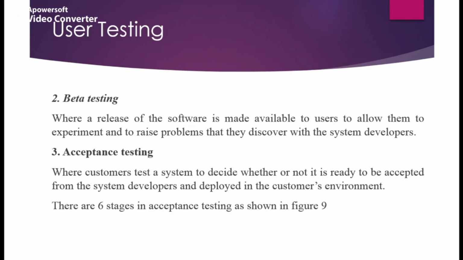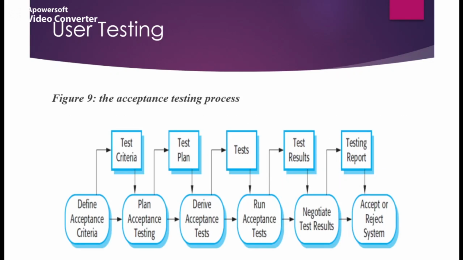The customer will get the system from the developers, and it is they who will decide whether the system has to be accepted or not. If it is accepted, they can move forward and put it into the market. So we'll study in detail the acceptance testing process.